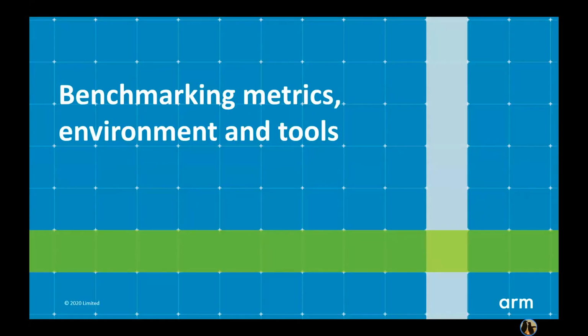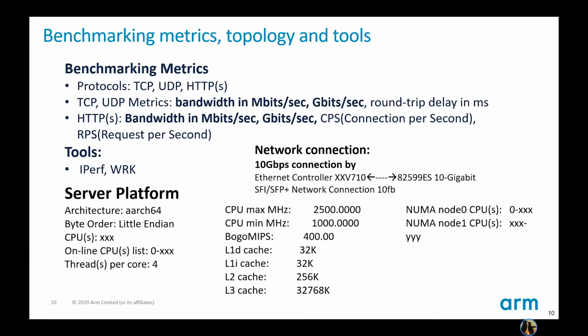Actually, we should talk about our benchmarking metrics, environment and tools here. First, we want to talk about TCP and layer 4 performance and layer 7 performance, which is about HTTP. For the TCP metrics, we talk about bandwidth, in megabits per second or gigabits per second.